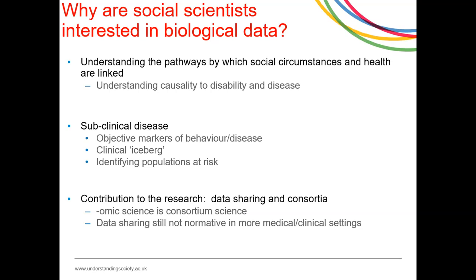We're also thinking about subclinical markers of disease and objective markers of disease. I can give you an example of how we did that now, but also thinking about the clinical iceberg. People will often walk around on the pathway to disease and not know it. A few years ago, half of people who had diabetes didn't know it.